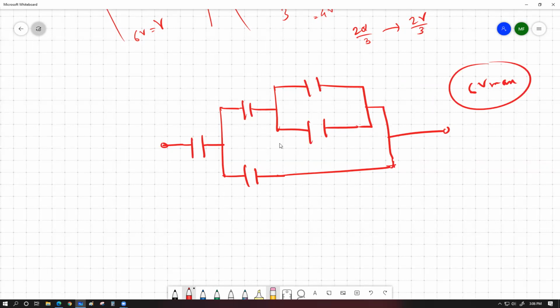To do this, we have to distribute the voltage first. What do I mean? Have a look over here. For this whole capacitor combination, because Q equals CV, and this is just a capacitor combination, if this capacitor has Q charge stored in it, I'm starting from this one, and has V voltage, this one should have half of it.